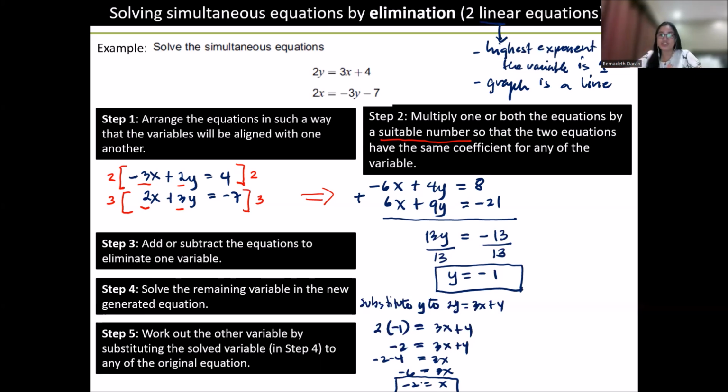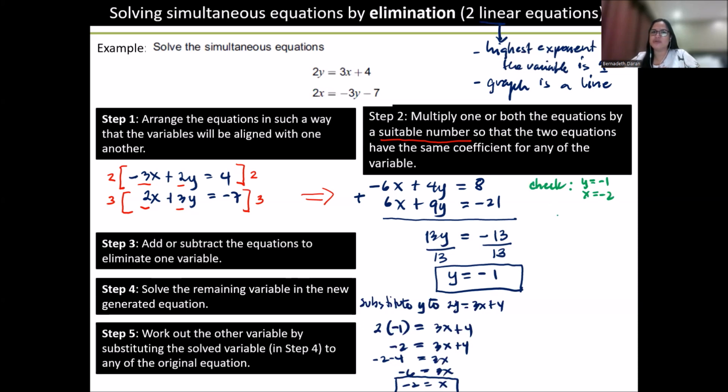So now we know the values of y and x. Now you can check that. Let us check if our answer is correct. To check, we substitute y is equal to negative 1 and x is equal to negative 2 into both equations. We need to make the equations true if we substitute them.